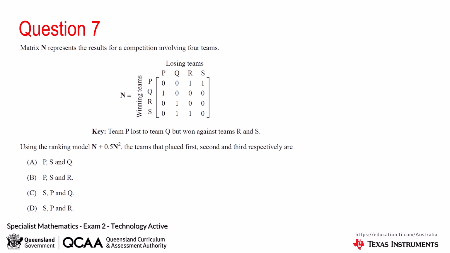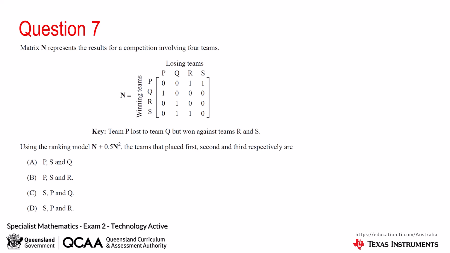In question 7, we're given a matrix N. It's a 4x4 matrix, and it represents the results for a competition involving 4 teams. You can see from the elements in the matrix that the elements are either 0 or 1. 0 corresponds to a loss, and 1 corresponds to a win.